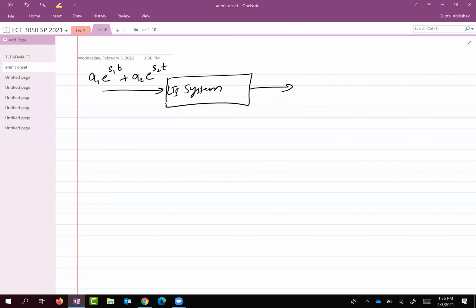Remember the superposition principle for LTI systems. What would the output look like? Would someone like to write in the chat or unmute yourself and say what the output is going to be?